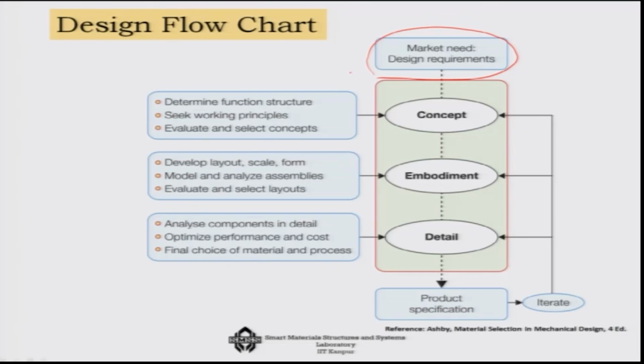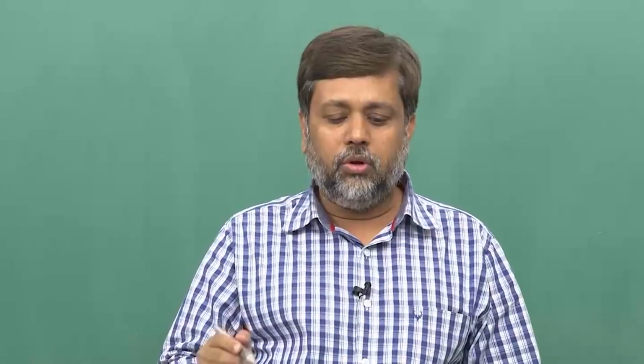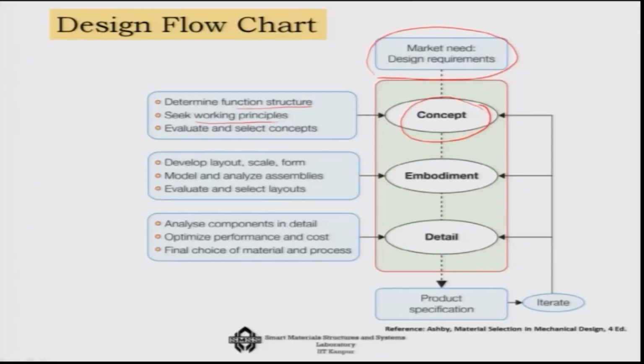Based on that, we have to go for a conceptual solution. At this stage we have to determine the function structure, that means how many functions this particular concept has to satisfy, and then we have to seek the working principles corresponding to this function structure, and we have to select and evaluate the concepts, because you can have multiple concepts, right.